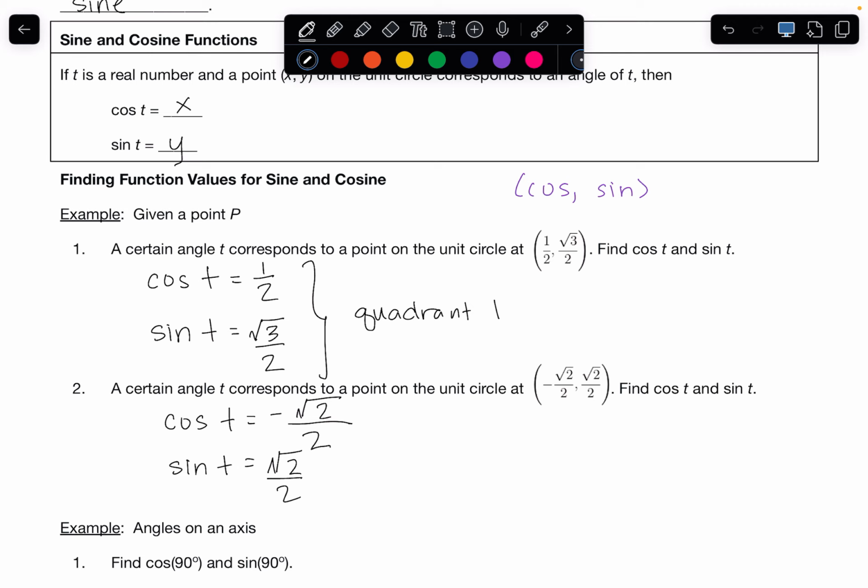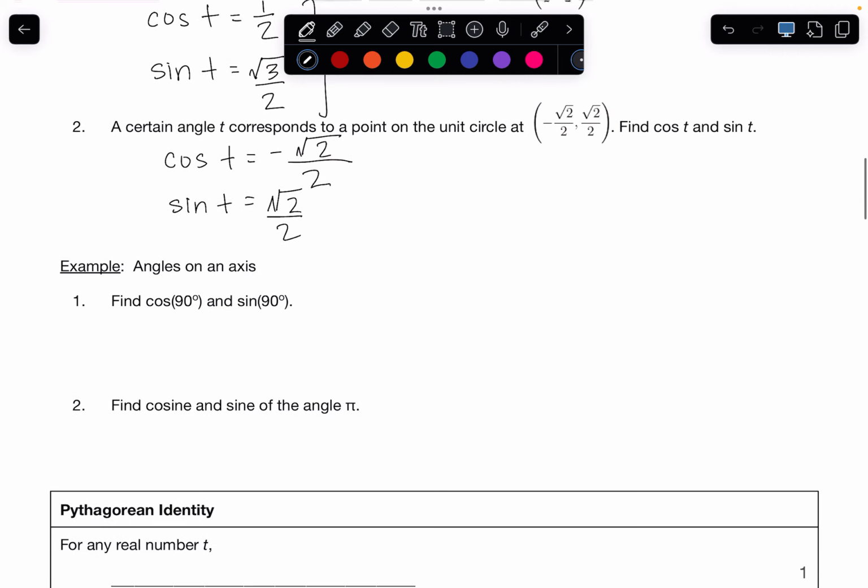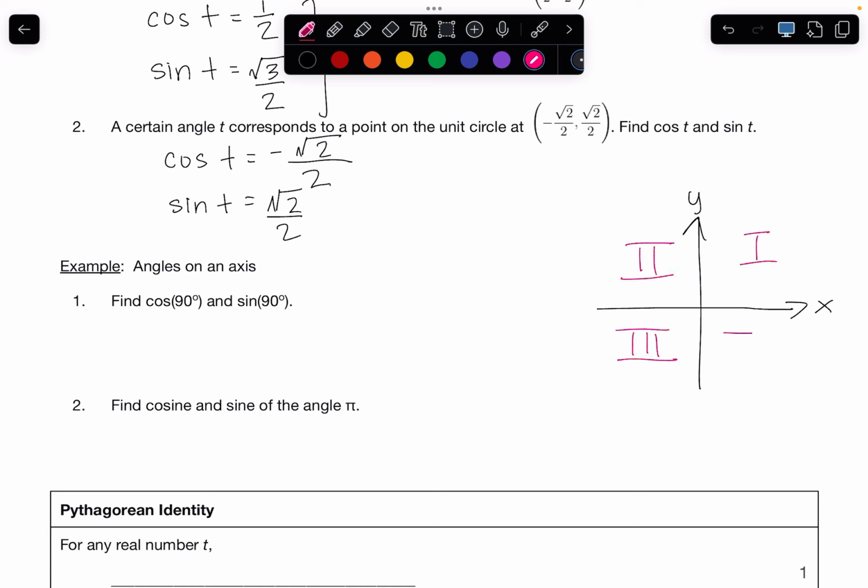2. So remember for your unit circle and the quadrants in general, if this is my coordinate system, this is quadrant 1, this is quadrant 2, this is quadrant 3, this is quadrant 4. And I can see this is positive, positive; negative, positive; negative, negative; positive, negative.